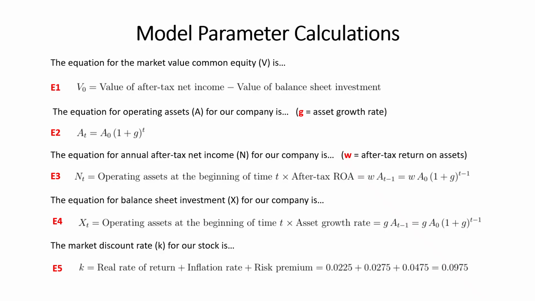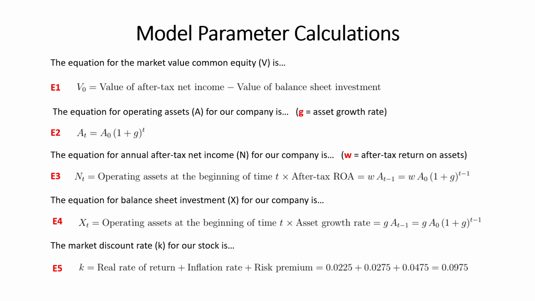And like I said before, V subscript 0 would be the value of the after-tax net income, which is the start of the dividend, and then we have to subtract out the portion of that net income that I have to plow back into my company in order to grow my balance sheet, in order to grow my base operating assets.